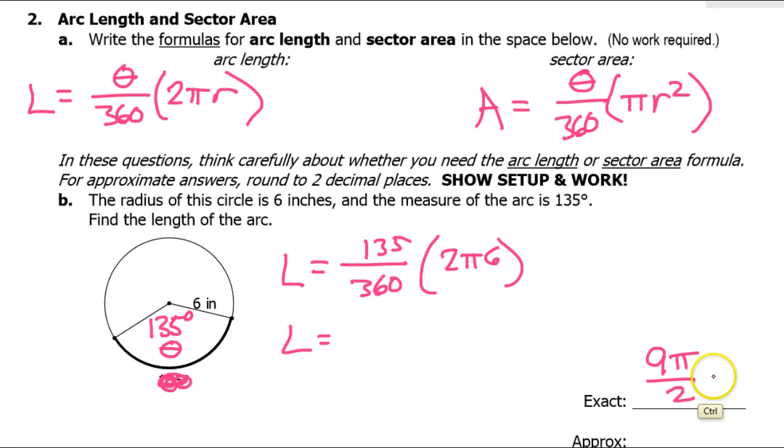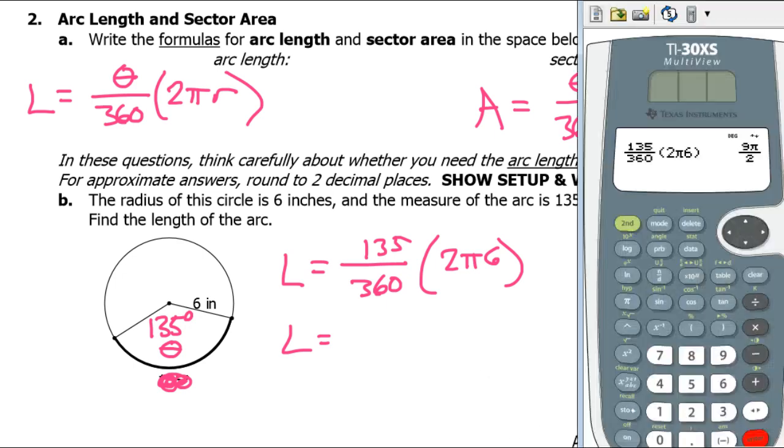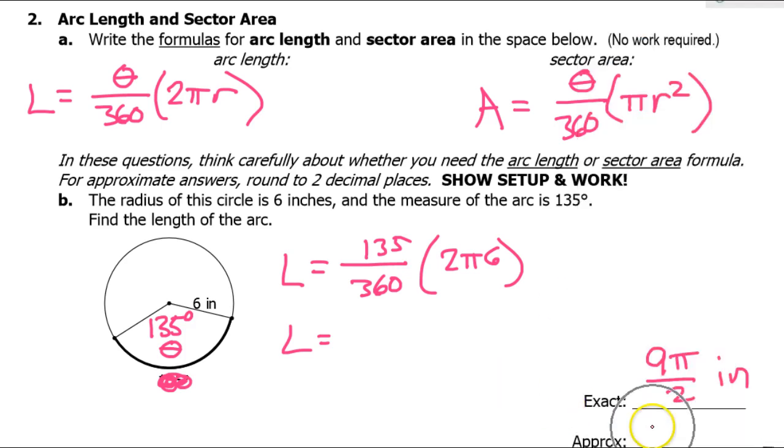Okay, don't forget the units or you will lose points. The units are in inches. Those are the units of length. So arc length will also be in inches. So that's what they mean by exact. For the decimal approximation, I will toggle this. 14.14. Got to round up.